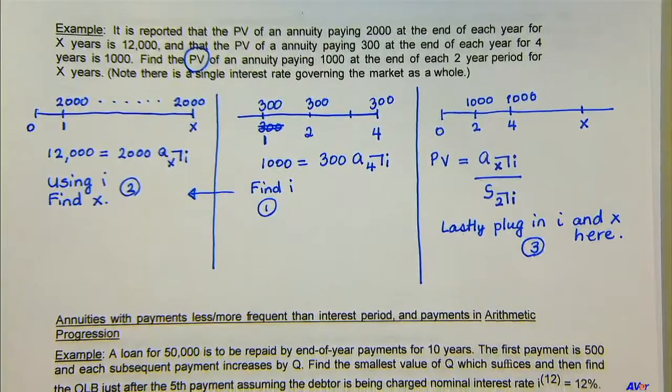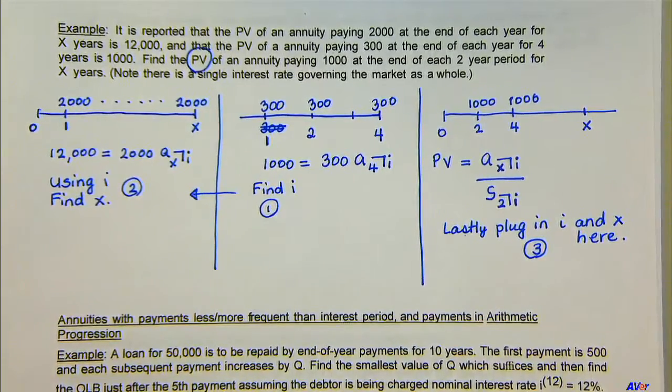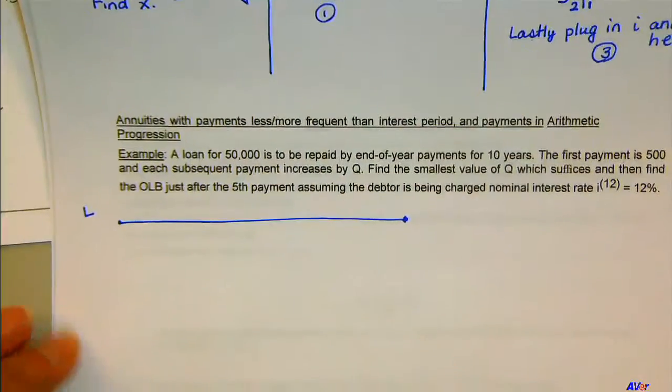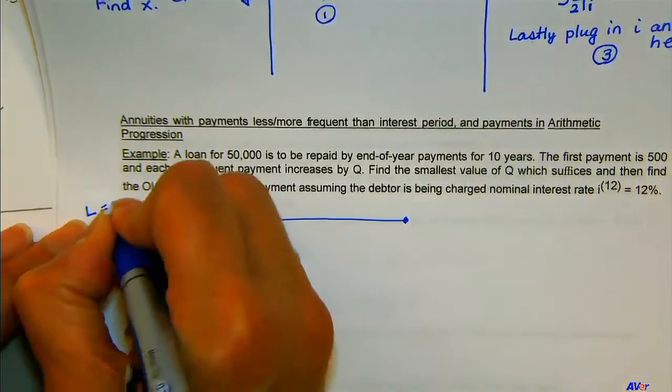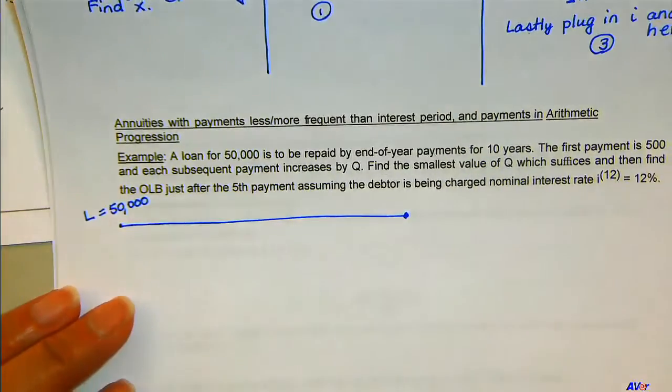So a loan for $50,000 is to be repaid by end of year payments for 10 years. Okay? Timeline. Loan L.